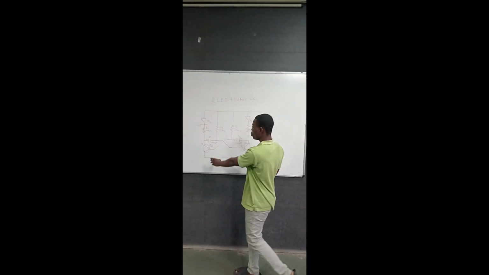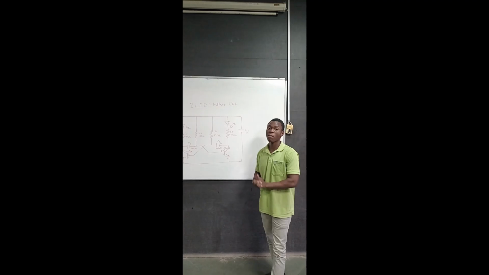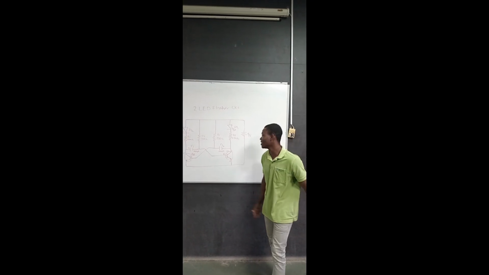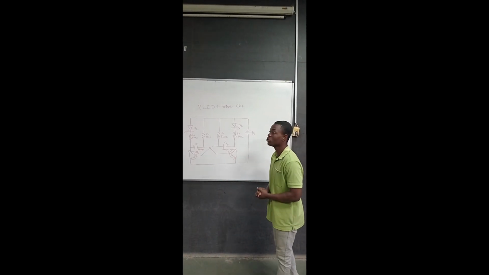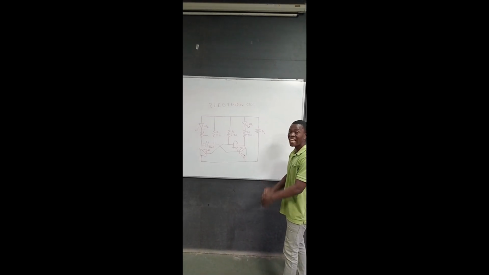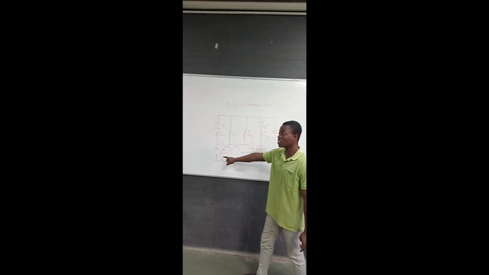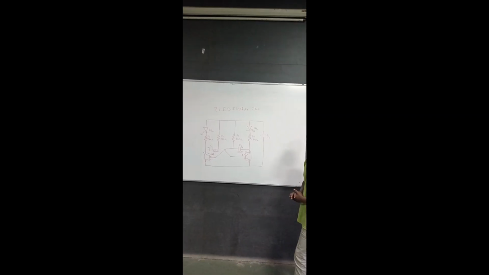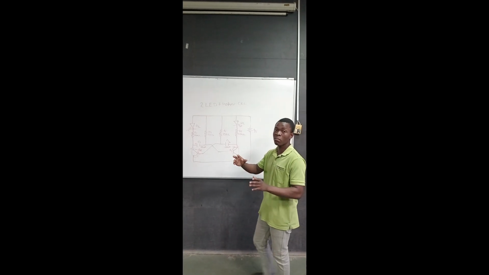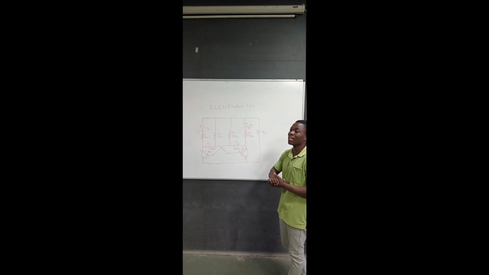Now we have two BJTs, two bipolar junction transistors, Q1 and Q2. In our circuit, Q1 and Q2 act as electronic switches. When one transistor turns on, the other one is off, controlling the blinking sequence of our light emitting diodes.